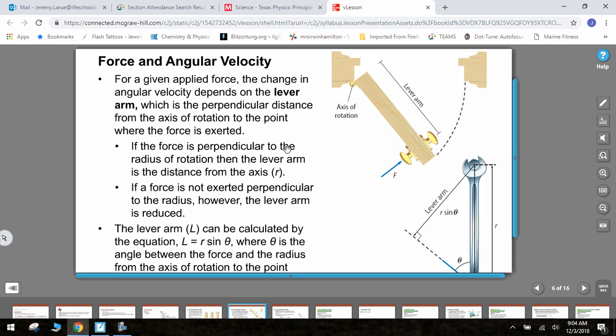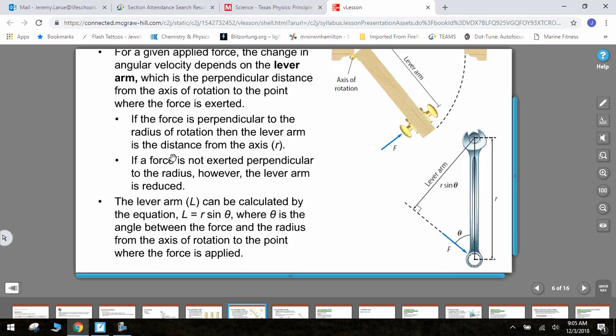If the force is perpendicular to the radius of rotation, then the lever arm is the distance from the axis. So if I apply a force like this, kind of like a door, I'll end up with the lever arm being the same distance, right? That makes sense? Okay. If the force is perpendicular to the radius of rotation, the lever arm is the distance from the axis r.